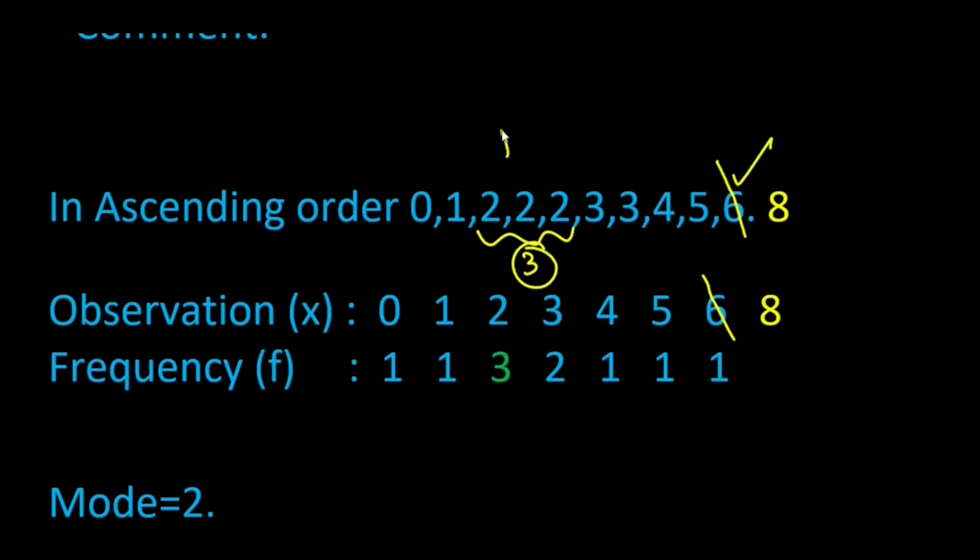So the mode is 2. When the maximum value is changed to 8 also, the frequency of 2 is 3. So the mode is 2 only. So when the maximum value is changed, there is no change in mode.